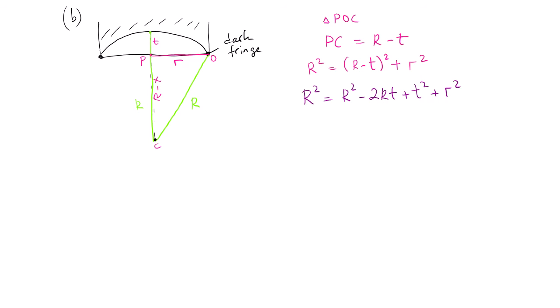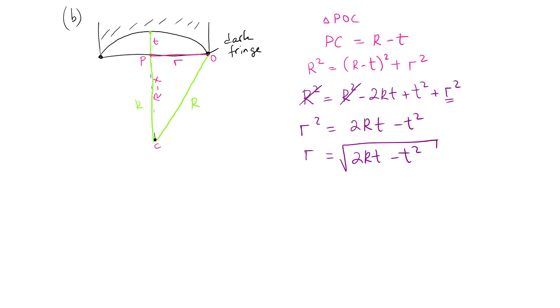And remember, we're trying to find this little r here. Big R squared will cancel out. Little r squared equals 2 big RT minus T squared. And then little r would equal the square root of 2RT minus T squared.